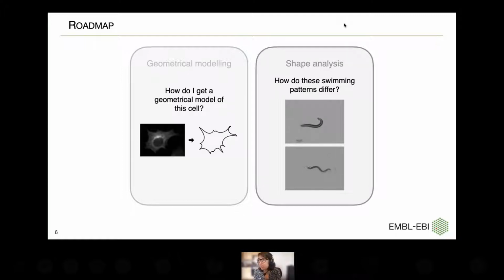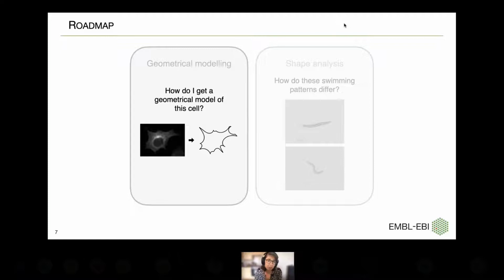I want to give you a flavor of what the challenges are, what the open questions are, and what the things are for which we have solutions already. And then the second part is, once we have geometrical models extracted from images, how do we characterize them? How do we use this representation to gain insights on shape and morphology?